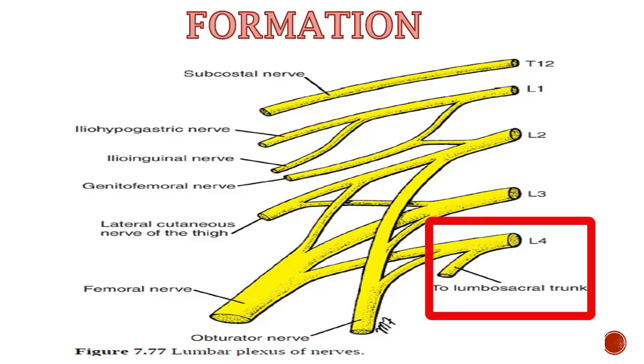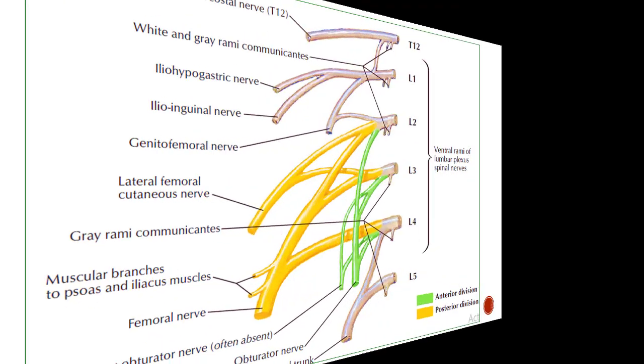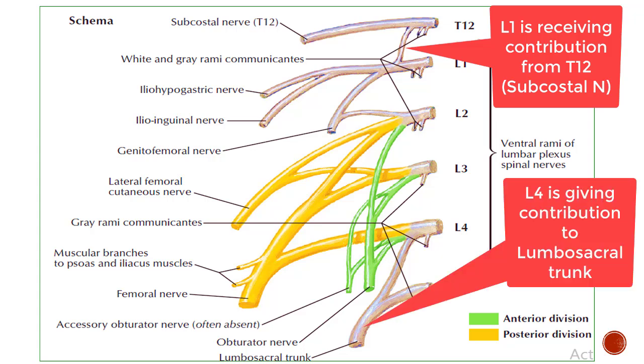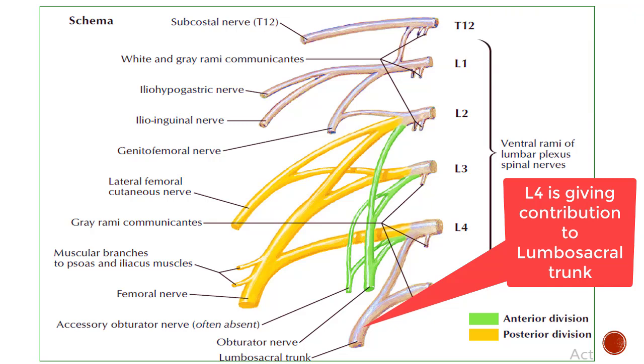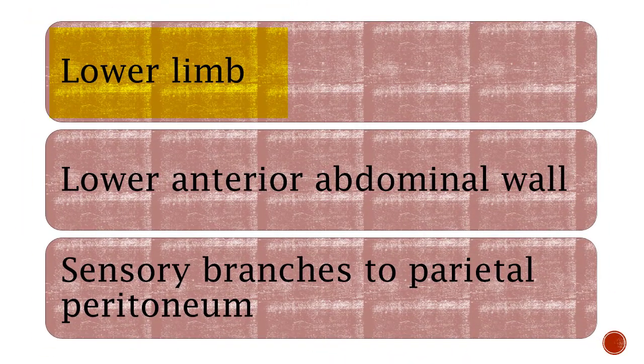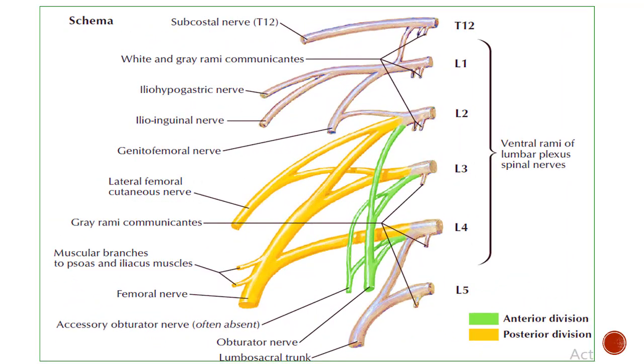As we can see in this image, the L1 lumbar nerve is receiving contribution from the subcostal nerve, and the fourth lumbar nerve is giving contribution to a lumbosacral trunk. As I had told you, lumbar plexus supplies the lower limb, lower anterior abdominal wall, and it also gives sensory branches to the parietal peritoneum. Hence, through T12 and L1, it supplies the anterior abdominal wall.